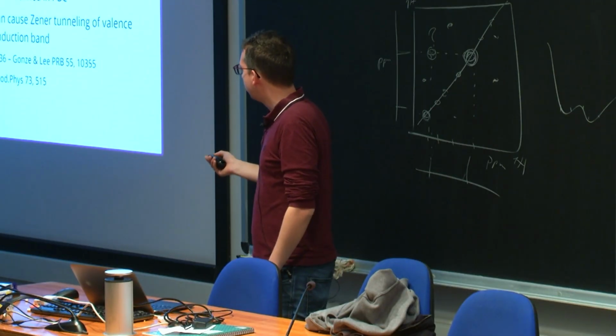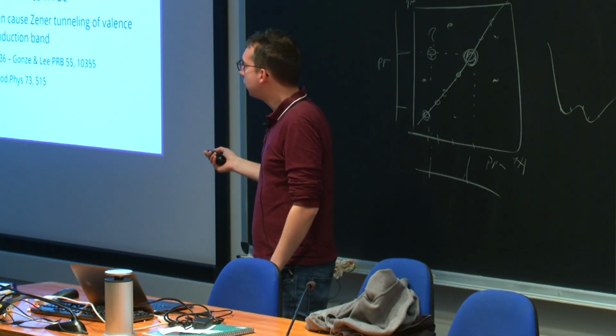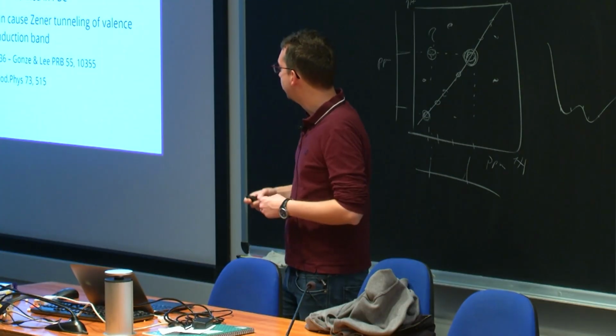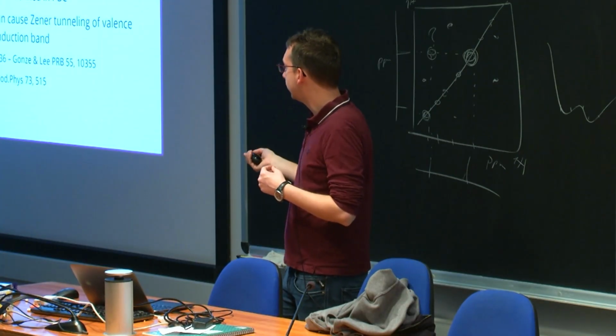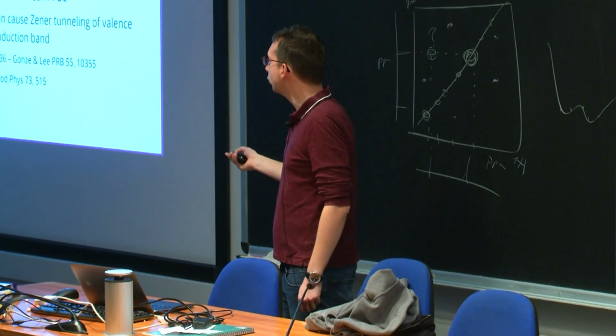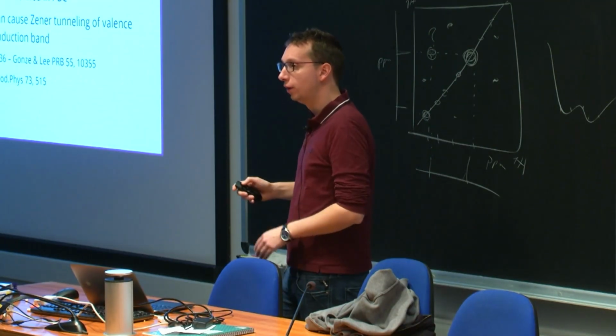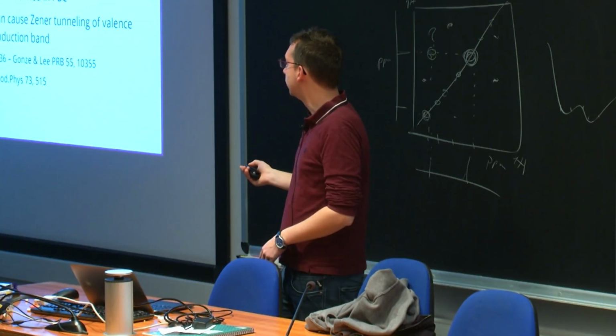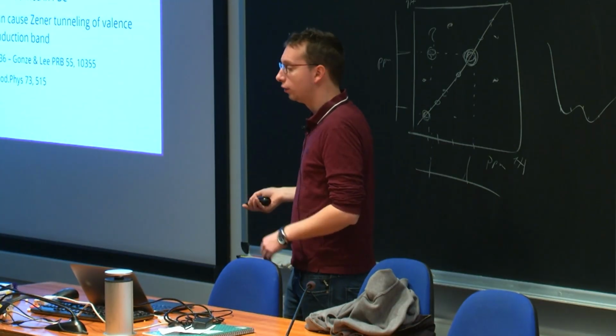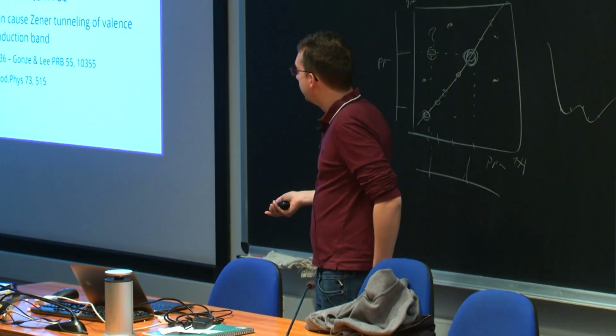And there is another problem which I'm not going to treat at all, which is that even a small electric field could cause Zener tunneling of valence electrons to the conduction band. The solution to this problem is that we're going to completely ignore it, and we will only treat electric fields which are very small, where we can consider that any tunneling can be ignored.